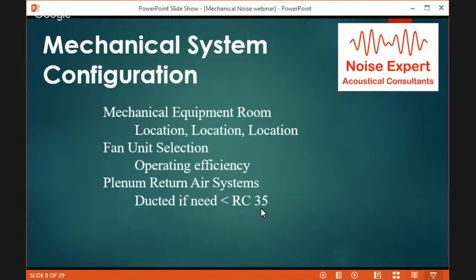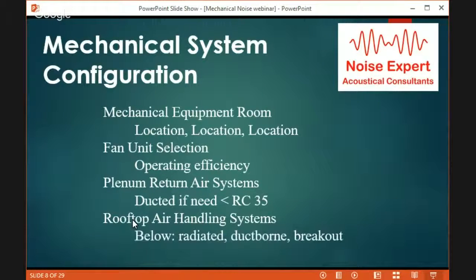If it's a noise sensitive space, if you want quiet, if it's a recording studio, or a private office where noise is a concern, then we'd recommend ducting. If it's an open office area, then a lot of times you can get by with that.